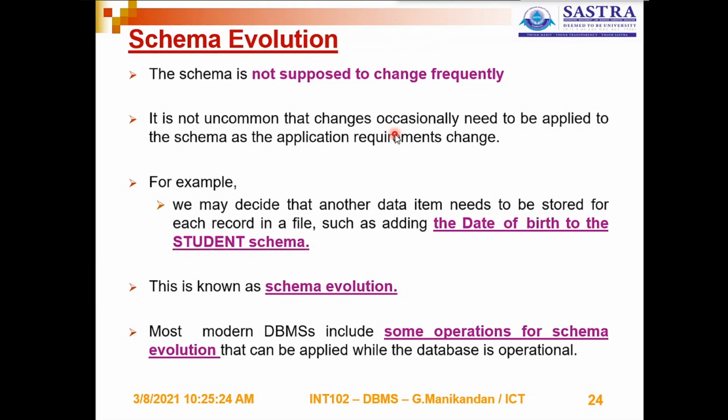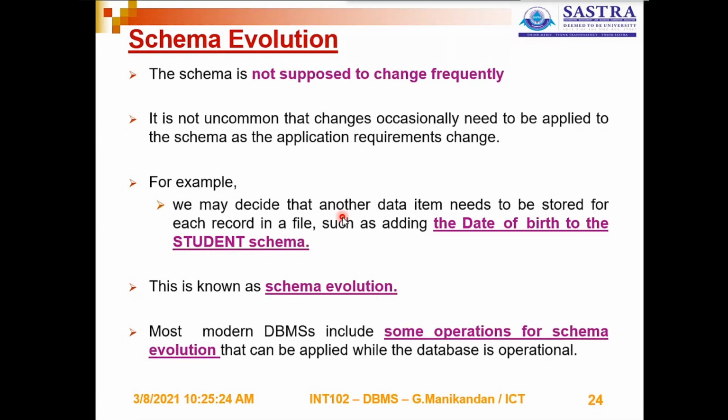See this example: assume you have a table called student. Initially you identified some fields related to this table, and date of birth is not part of the student table. You want to perform a join, or in order to reduce the time, you feel that if date of birth is part of this table, it will be helpful.